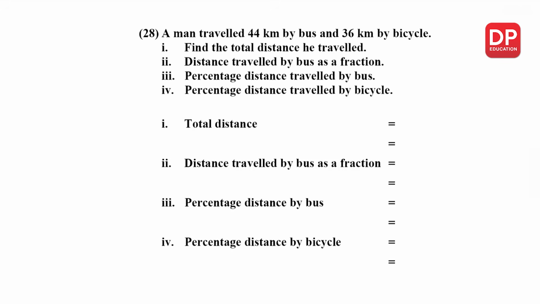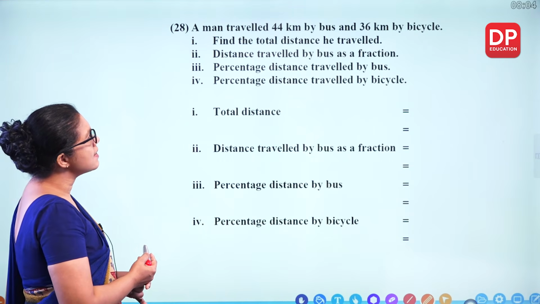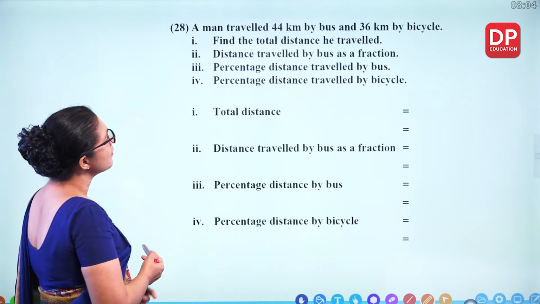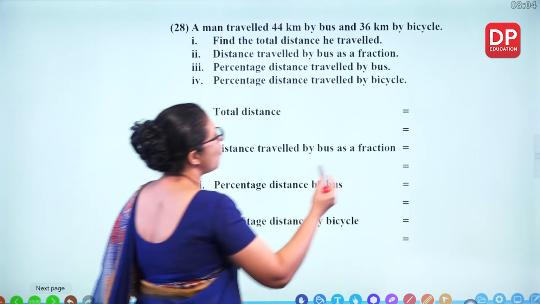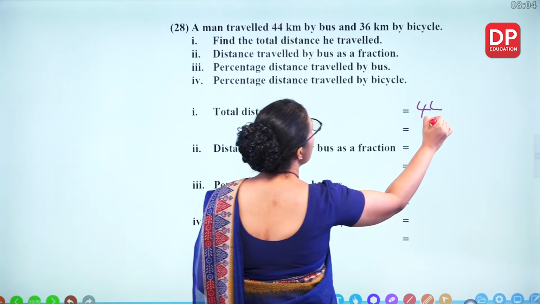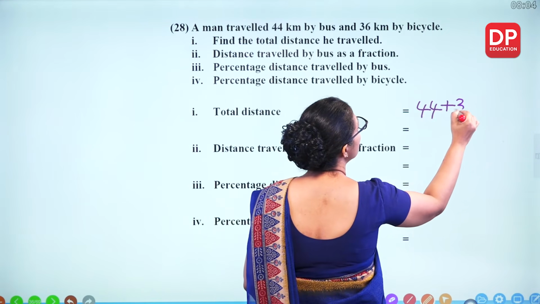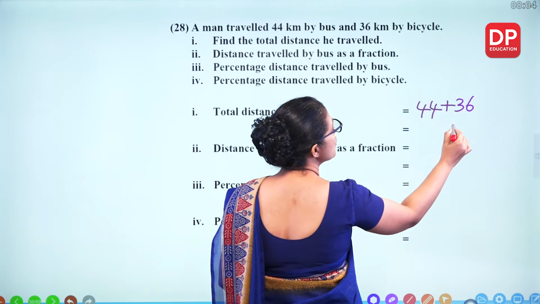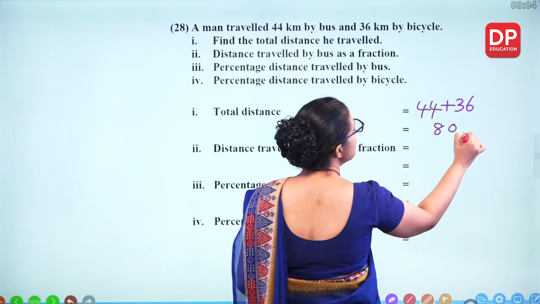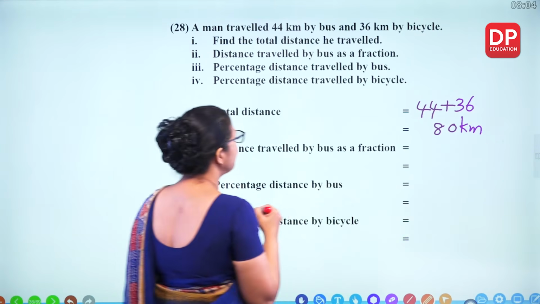A man travelled 44 kilometers by bus and 36 kilometers by bicycle. Find the total distance he travelled. What's the total distance? 44 plus 36. 6 plus 4, 10, 8, 80 kilometers.